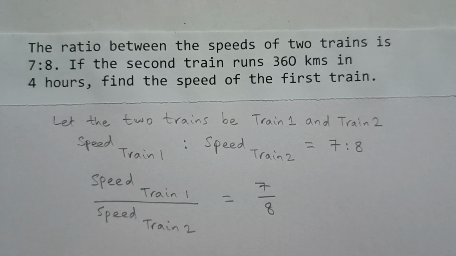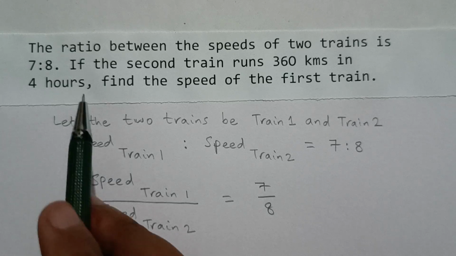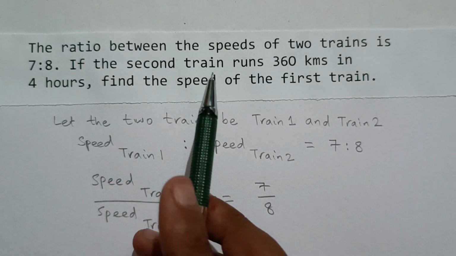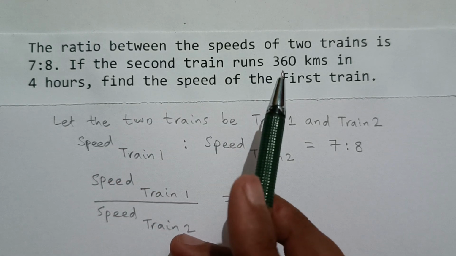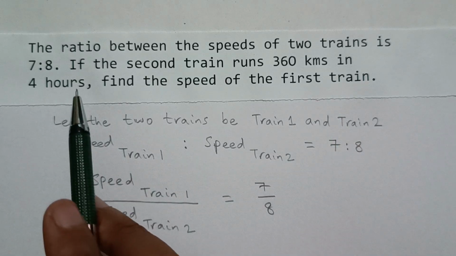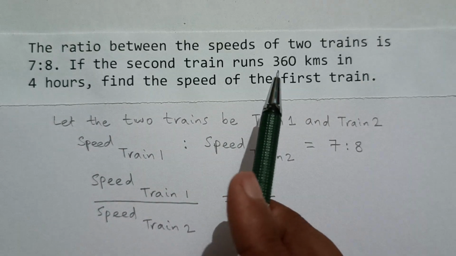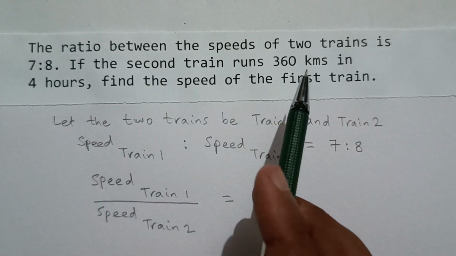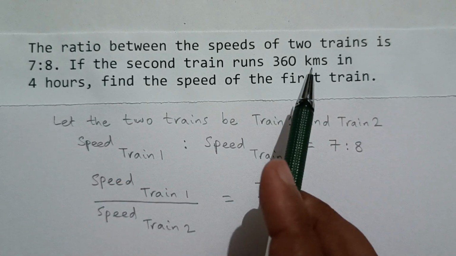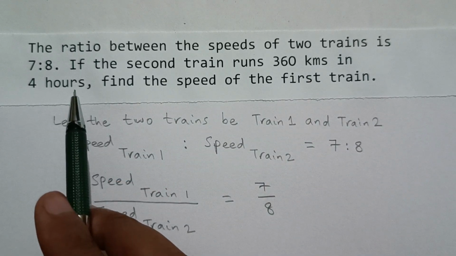Now let us go to the second statement. The second statement says, if the second train runs 360 kilometers in 4 hours, find the speed of the first train. So for the second train we have been given the distance and the time.